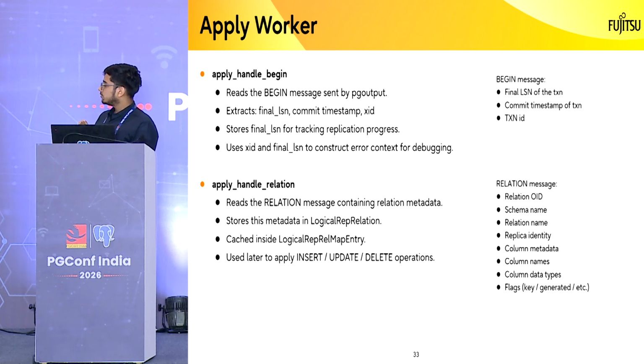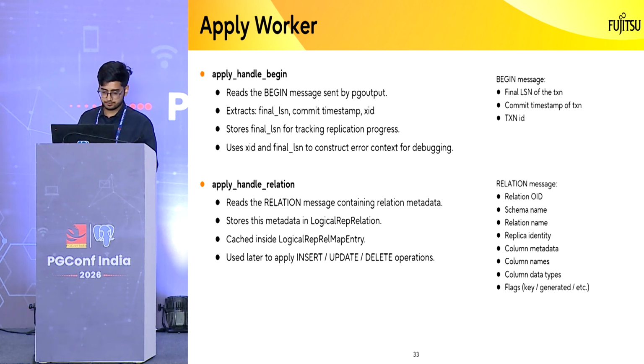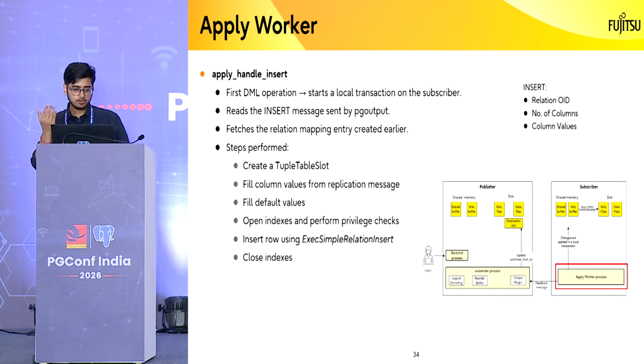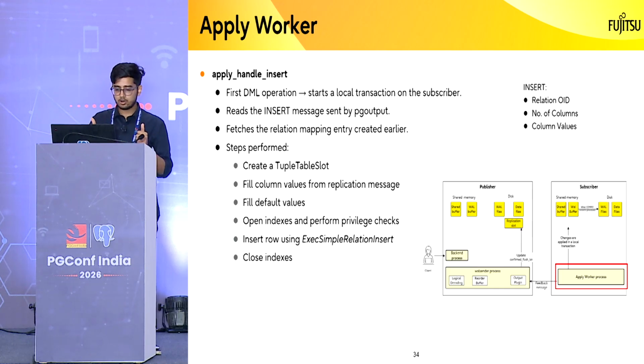So at a later stage, when insert, update, or delete operations are done, it can get the relation metadata information using this cached information. Now we will get the insert message, and for insert, the apply handle insert handler is called.